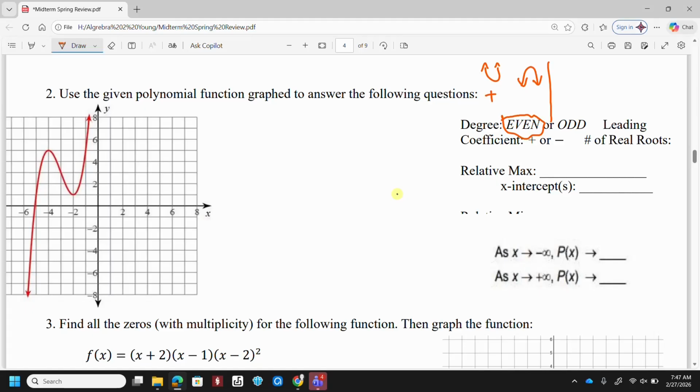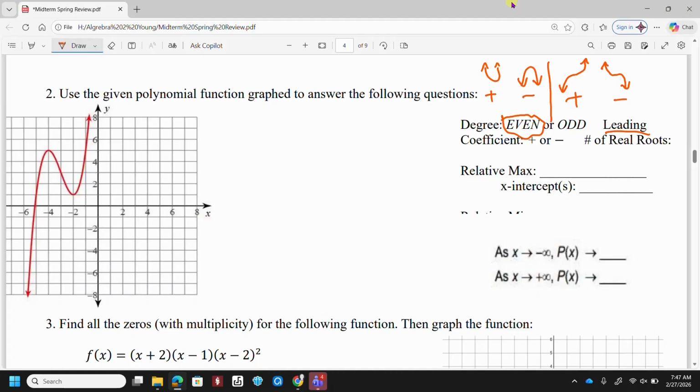When it's down like this, the leading coefficient is going to be negative. So when the degree is even, the two ends always go in the same direction. Now, if it's odd, it's going to be like this or like this. This is positive, and this is a negative leading coefficient.